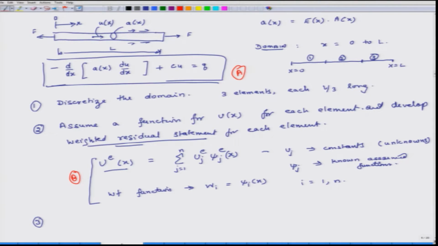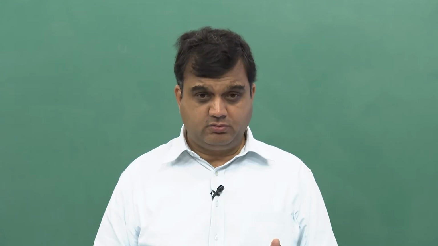But we have seen that if we have a regular weighted residual statement, the differentiability requirement for psi_j is higher, and in this case it has to be at least quadratic. So, we will weaken the differentiability requirement by going for the weak formulation.